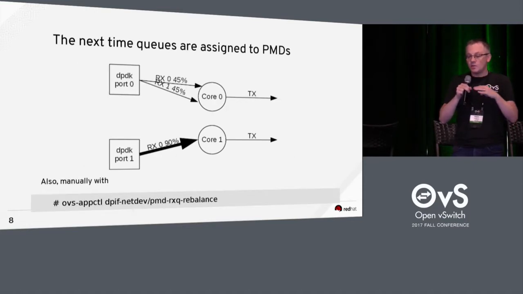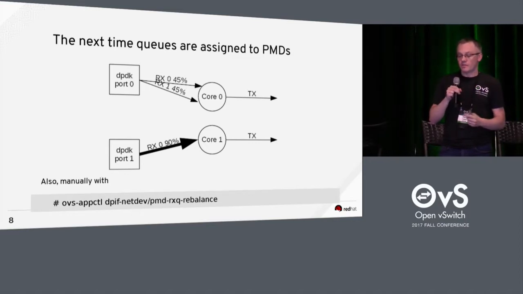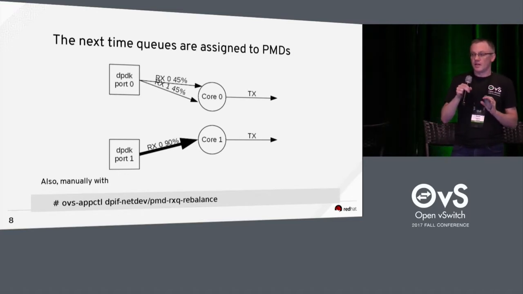So how about we use that information, and the next time we have to assign the queues to the cores, we try and do it a little bit smarter. We try and place the queues in a way that gets a better usage of the free cycles. Now, one thing to say is that this has been done very conservatively so far.